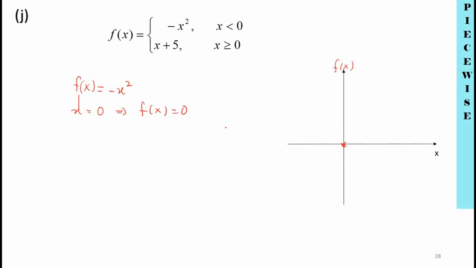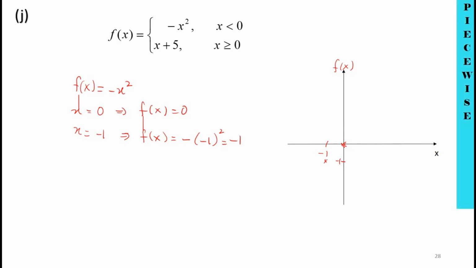Then if you substitute x is equal to negative 1, you get f(x) is equal to negative 1 squared, which is equal to negative 1. So let's say this is negative 1, and then the f of x is equal to negative 1. Okay, so you know that for a quadratic function, the graph is parabolic shape.